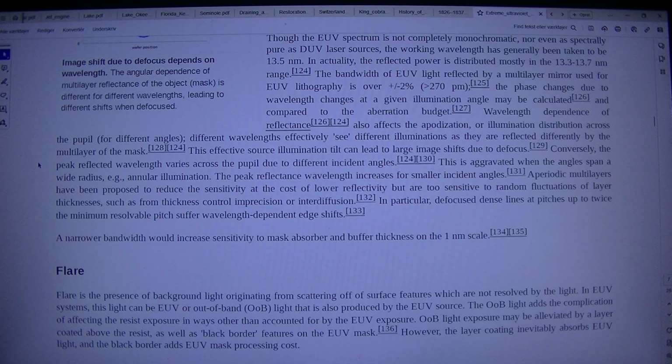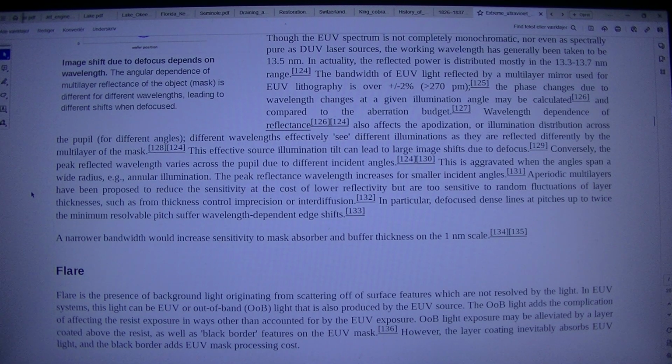This effective source illumination tilt can lead to large image shifts due to defocus. 129. Conversely, the peak reflected wavelength varies across the pupil due to different incident angles. 130. This is aggravated when the angles span a large radius, for example, annular illumination.